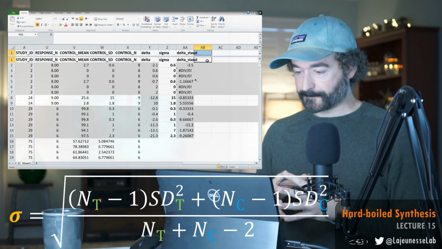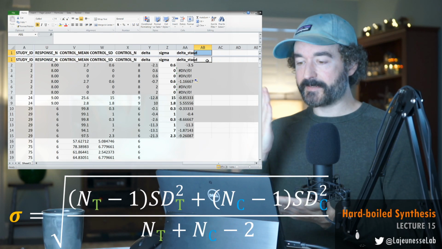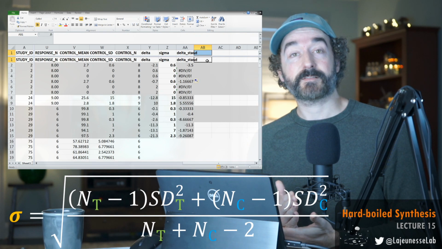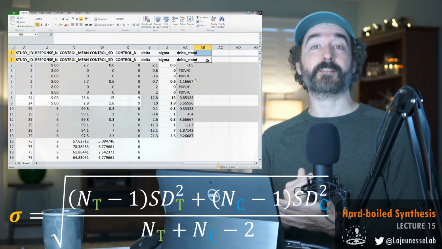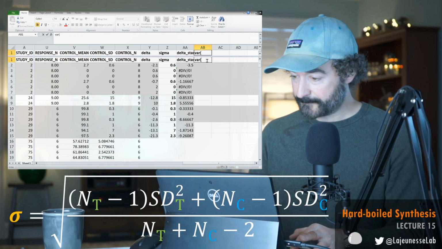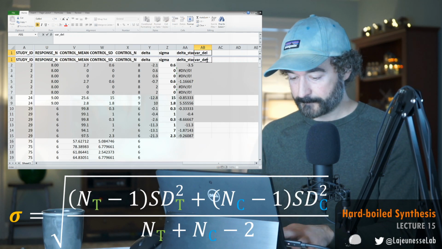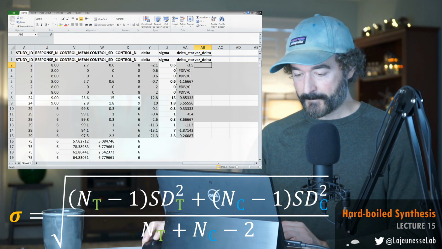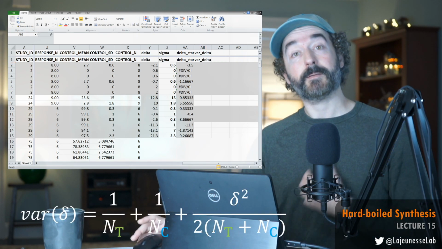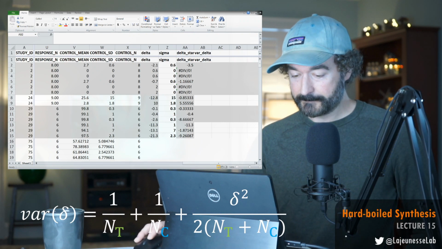We did the delta, we did the sigma, we standardized the delta. Next is to estimate the variance of delta, the variance of the effect size. This too has a cute equation.